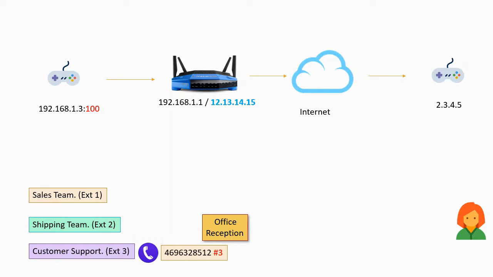So to relate this to port forwarding, consider this 10-digit phone number as our public IP address and the extension as our port number. This is how the port forwarding happens in our home network as well. We have our public IP address and we have the port on which the service is running.